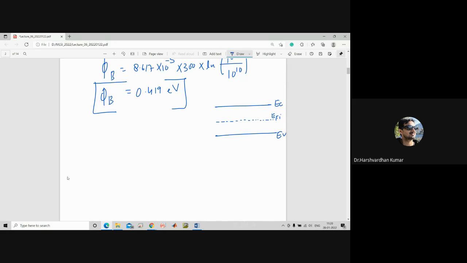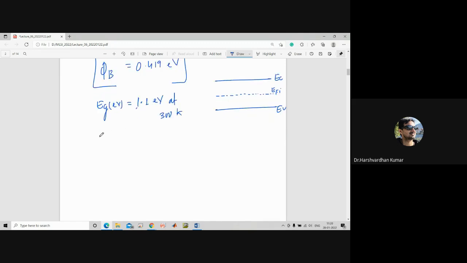What is the band gap energy of silicon? I have already discussed it. It is 1.1 electron volt at 300 Kelvin. Remember. So what is the value of EFi here?